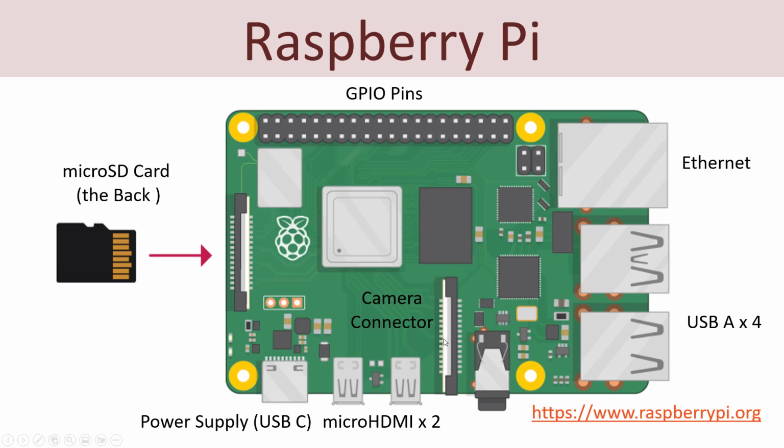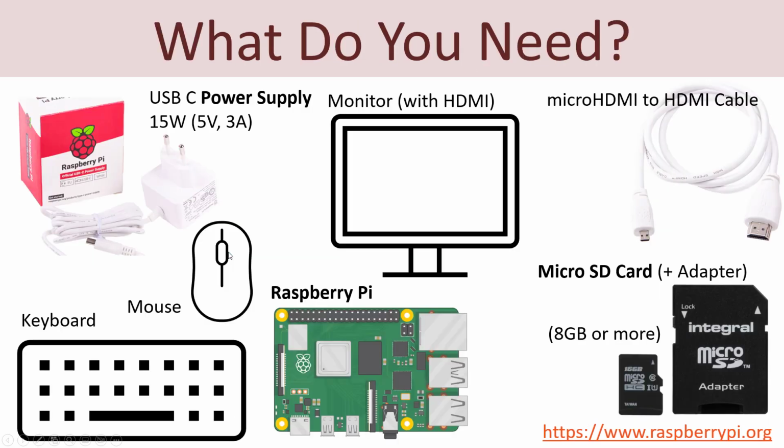So basically this is the Raspberry Pi, and in order to install the Raspberry Pi operating system you need a micro SD card that you put into the back of the Raspberry Pi. So typically this is what you need. You need of course a Raspberry Pi, you need a micro SD card, and typically you need a micro SD adapter in order to install the Raspberry Pi operating system on the micro SD card from your computer.